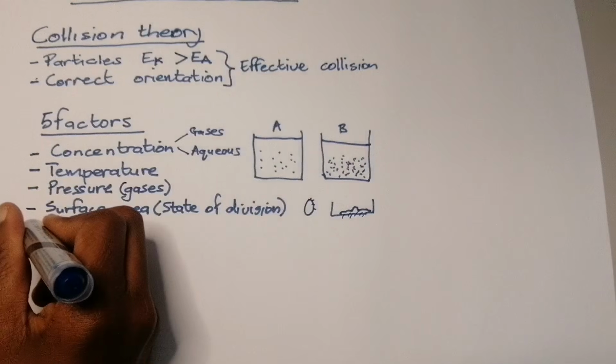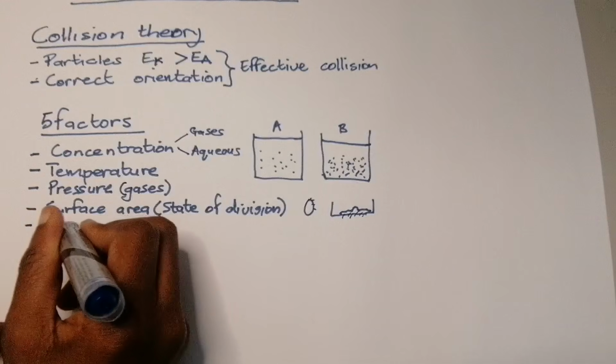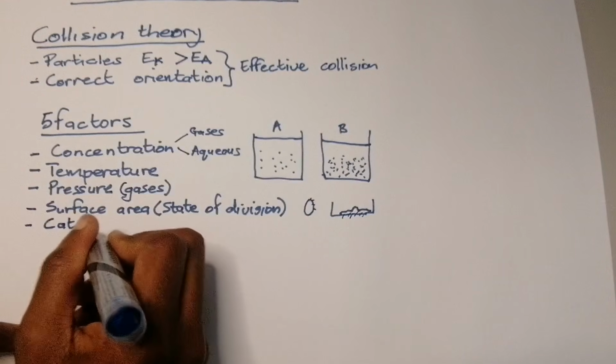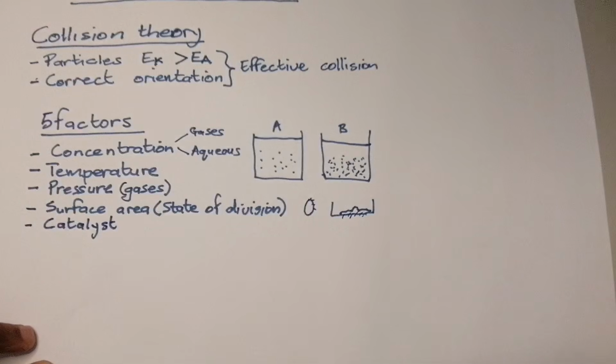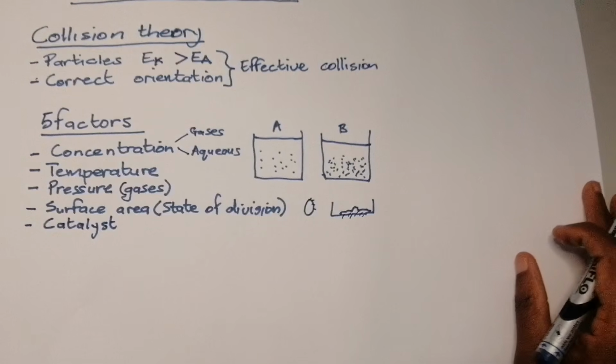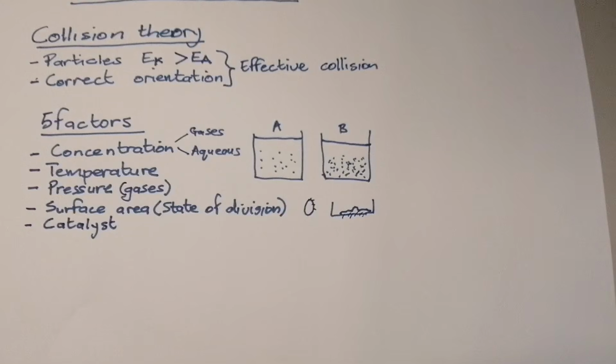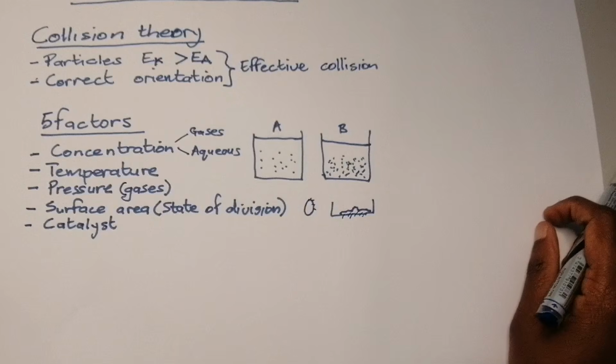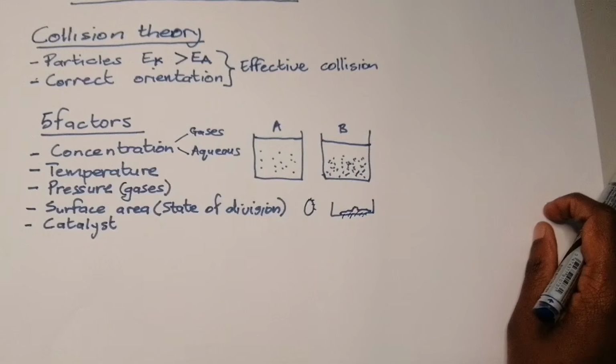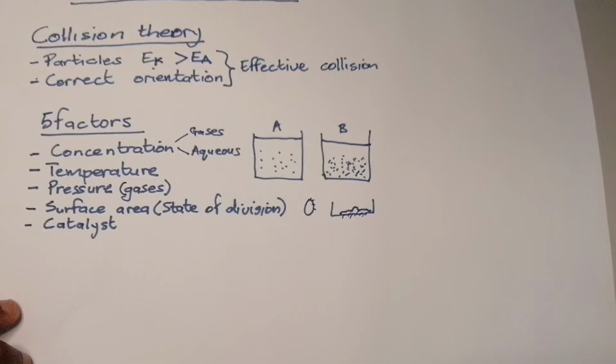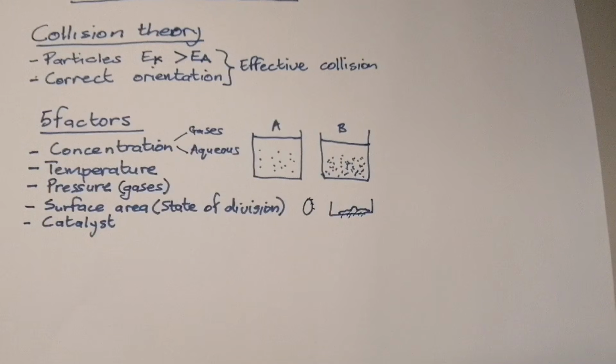All right. And then the last one is the addition of a suitable catalyst. Now, ladies and gents, we've got two types of catalysts. We've got positive catalysts, and these are catalysts that speed up the rate of a reaction. So what is a catalyst? Let's start there. A catalyst is a substance that speeds up the rate of the reaction without itself undergoing any permanent change.